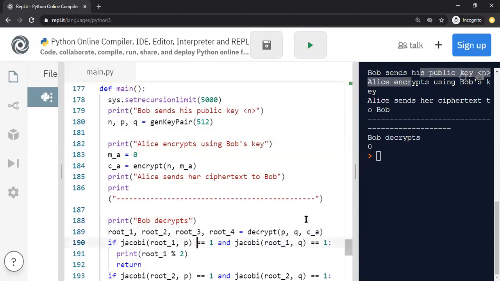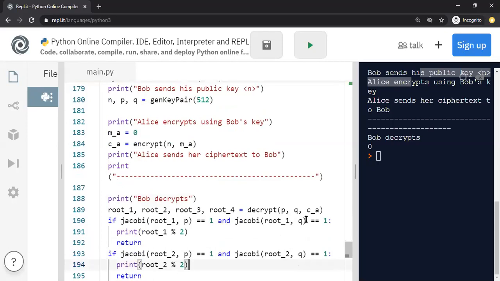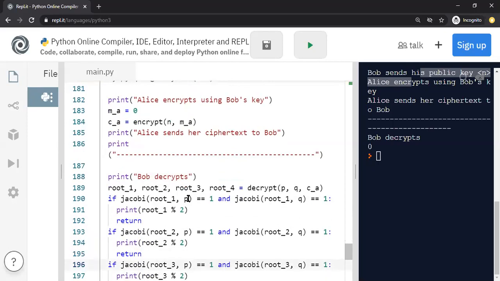And among the 4 possible square roots, he's going to compute the Jacobi symbol for each of those, in mod P and mod Q. And as soon as he gets the Jacobi symbol value to be 1 for both mod P and mod Q, he knows that that particular root is the root that he's interested in. And he computes the least significant bit. So he knows what was sent by Alice.